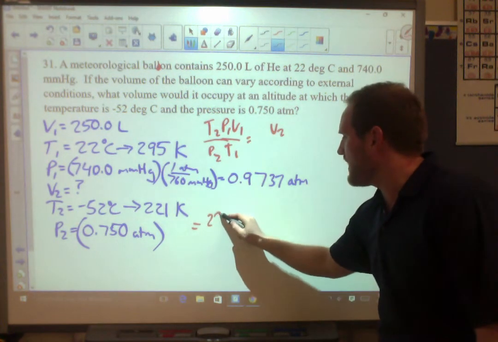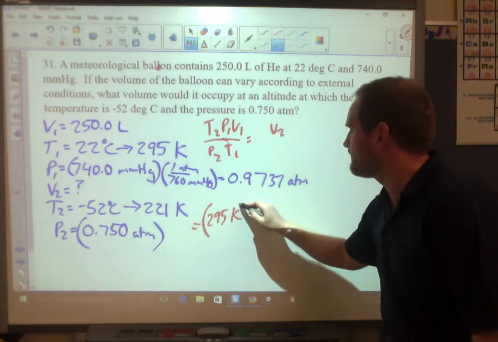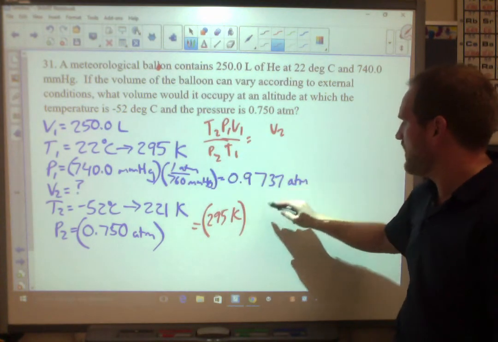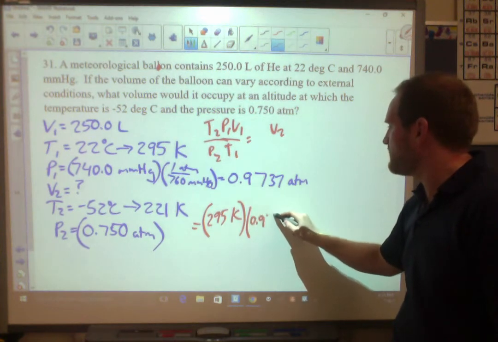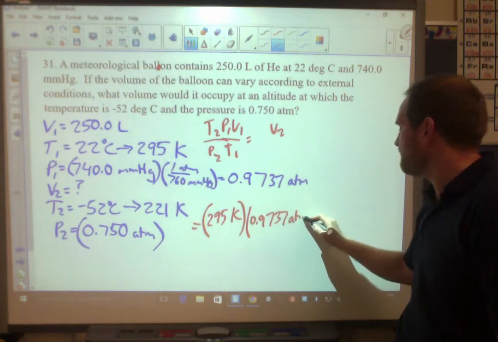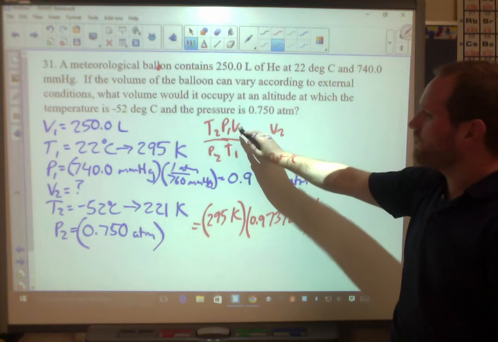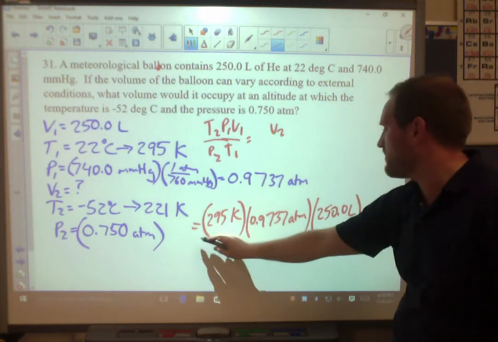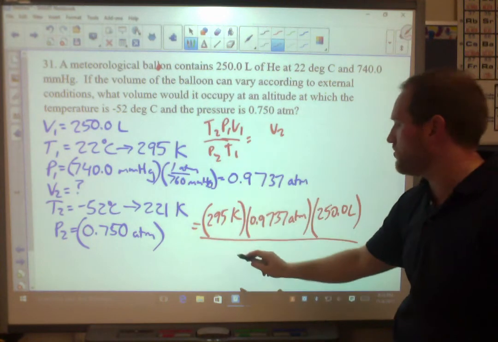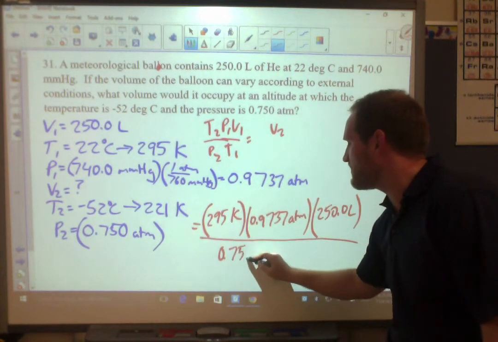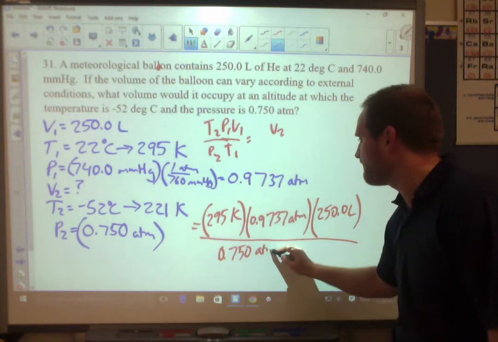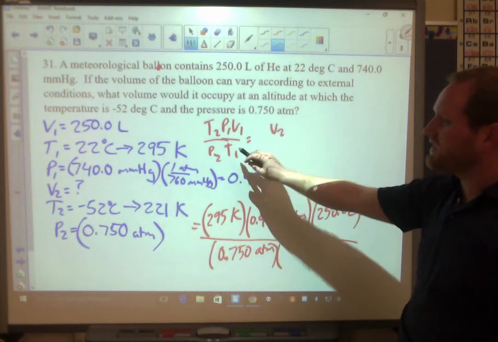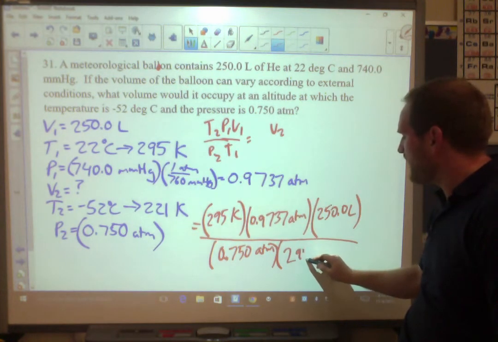Let's plug it in down here. T2 is 221 Kelvin times P1, 0.9737 atm, times V1, 250.0 liters, divided by P2, which is 0.750 atm, divided by T1, which is 295 Kelvin.